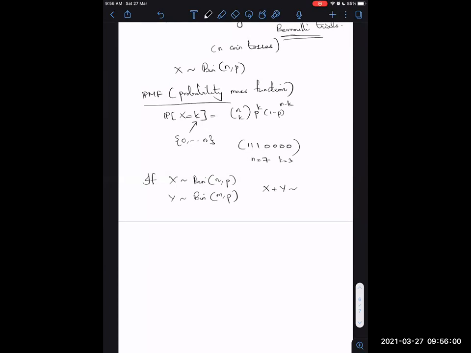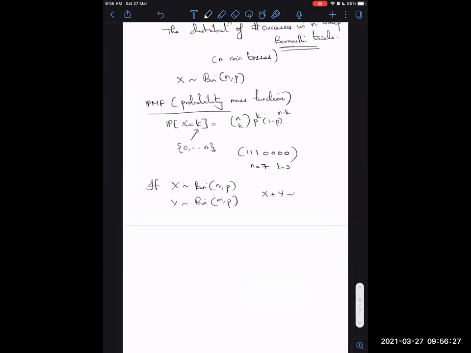What is X plus Y? I would like at least 3 people guessing some answer. Yeah, exactly. So it's binomial n plus m comma p.